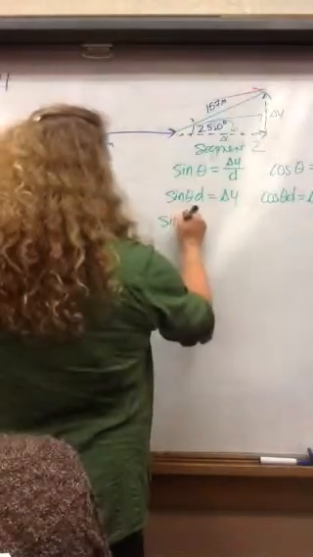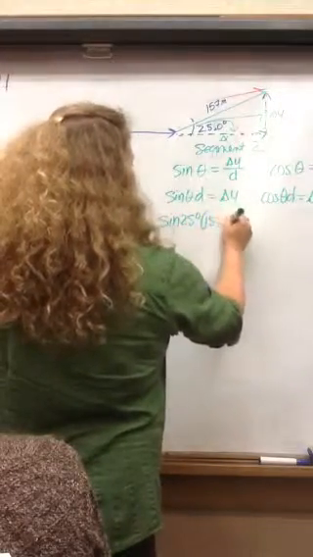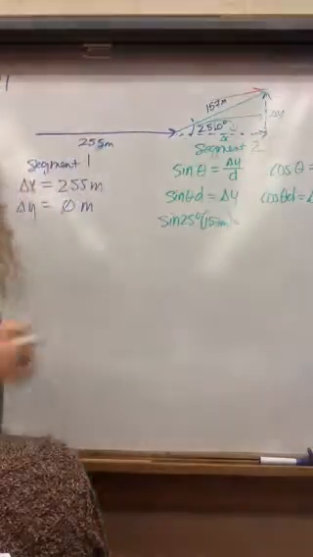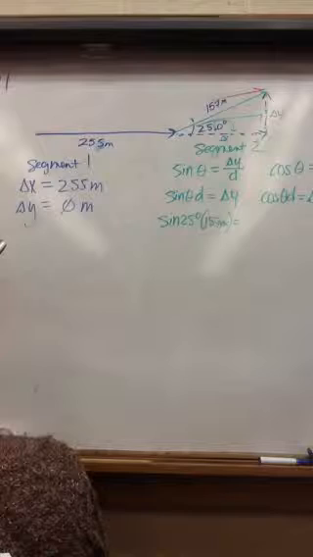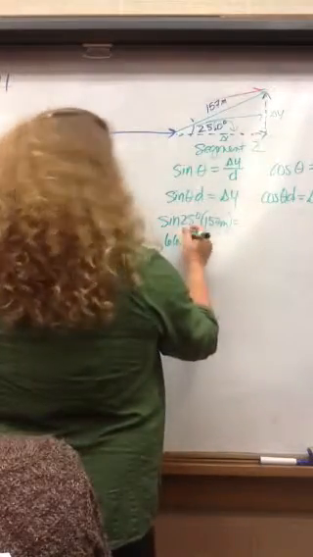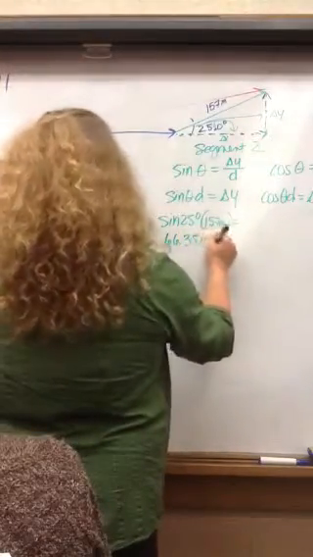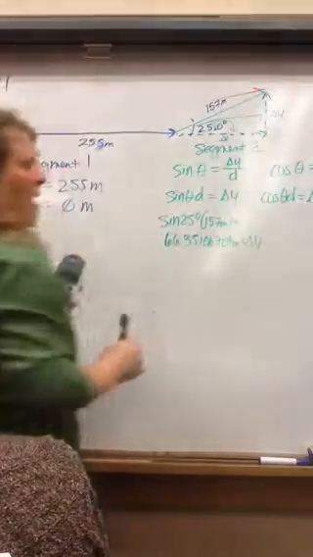Okay, sine of 25 times 157 meters. We get 66.351067009 meters, which is our delta y.